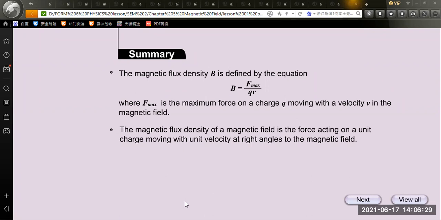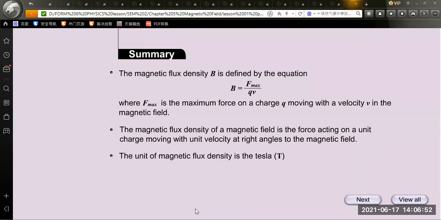This will produce a maximum force which is 90 degrees to the velocity and also 90 degrees to the magnetic field.